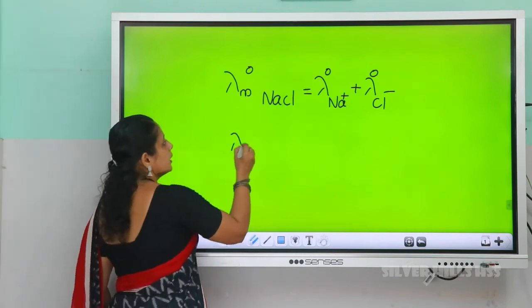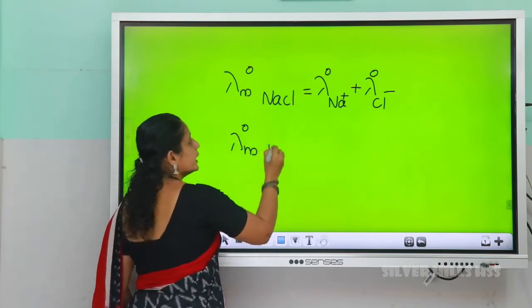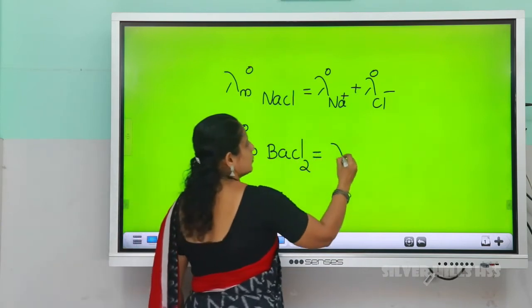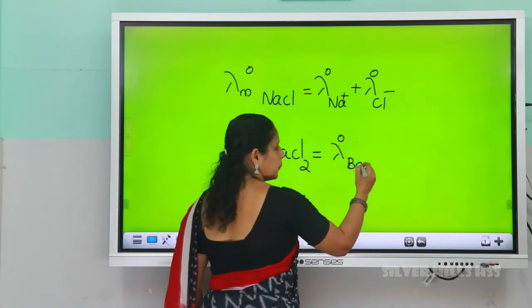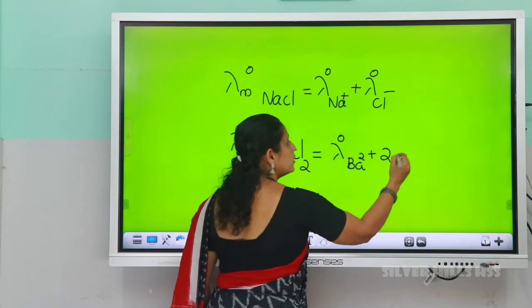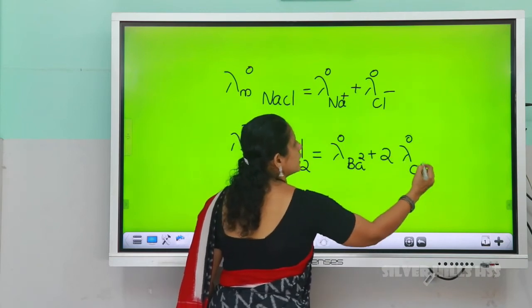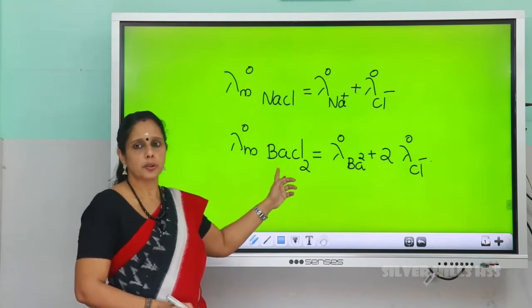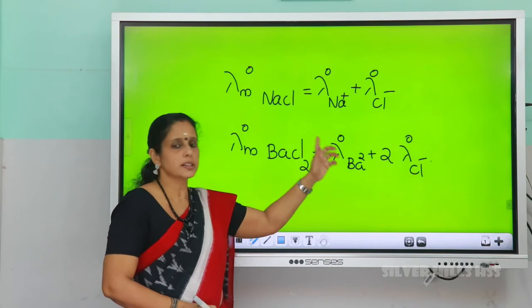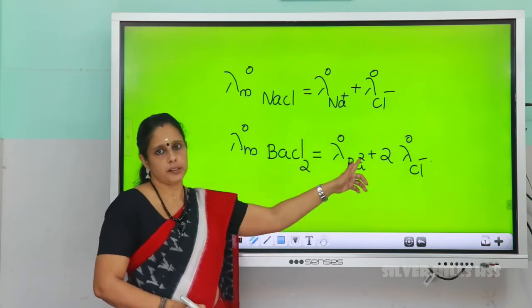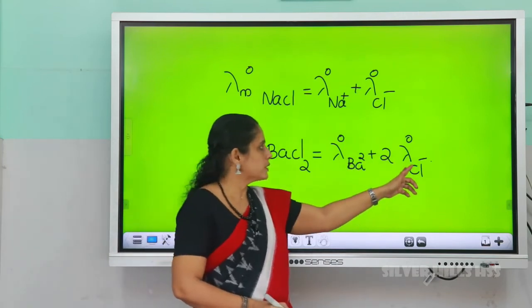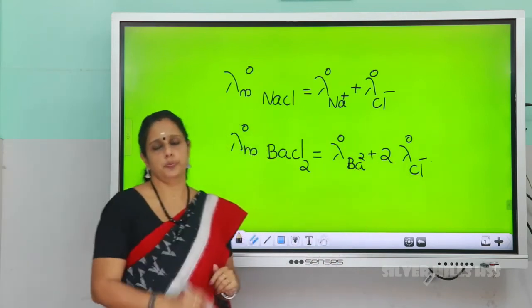Similarly, lambda m0 of BaCl2 can be written as lambda 0 of Ba2+ plus 2 into lambda 0 of Cl−, because BaCl2 on ionization produces Ba2+ and 2Cl−. So, we have to multiply the contribution of Cl− with 2.